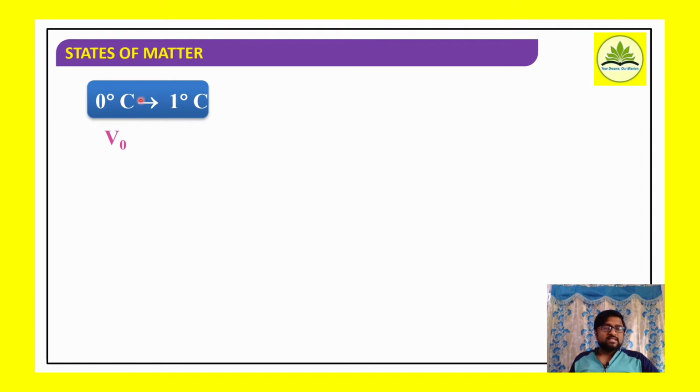Consider 0 degrees Celsius with initial volume V0 and 1 degree Celsius with final volume V1. Mathematically, the final volume V1 is equal to V0, the initial volume, plus 1 by 273 into V0. This is the formula by which we can get the final volume.